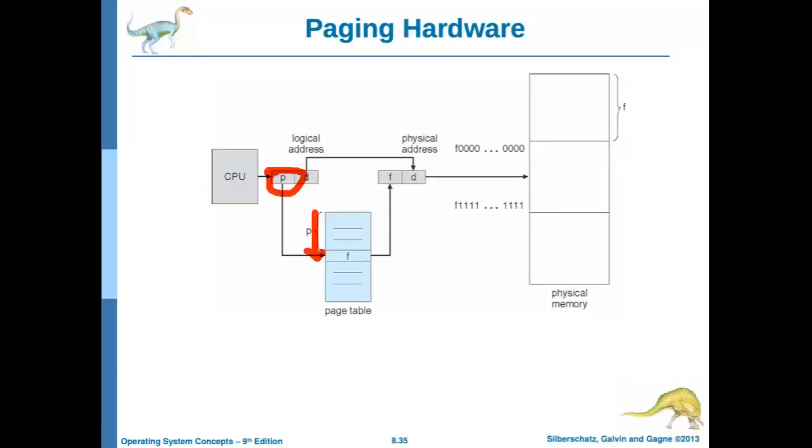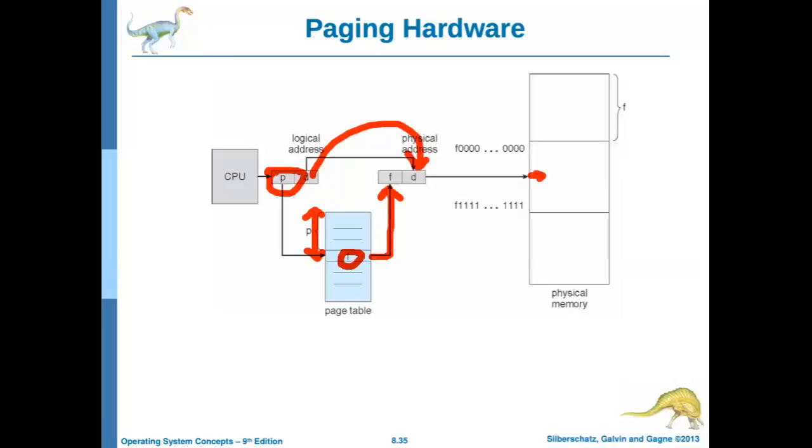Remember, the page table just has the frame number. That frame number is taken here. Imagine this is the base or location register for that particular page. The offset will be added to that, and then we get the physical address for that particular byte.